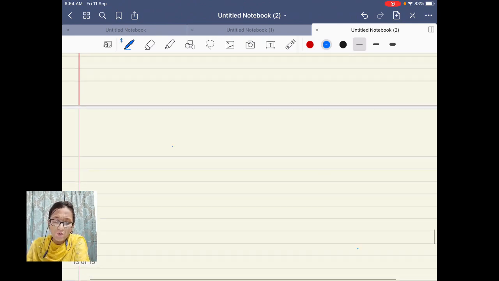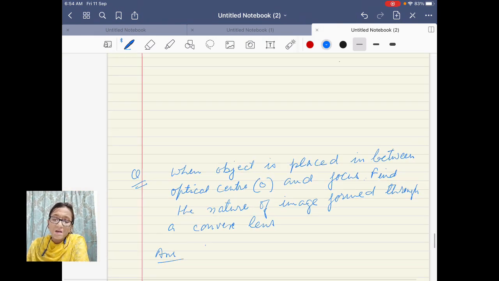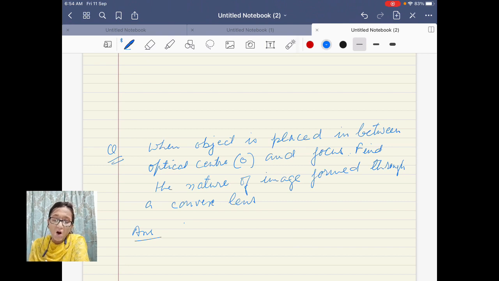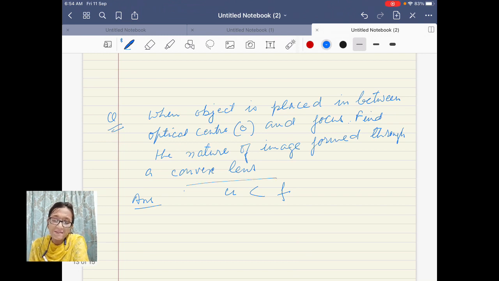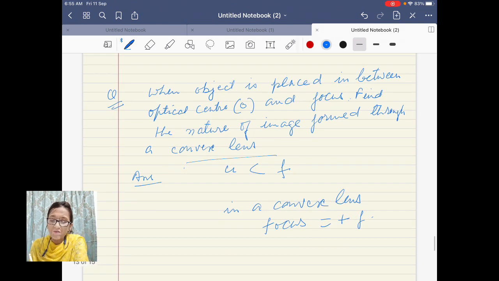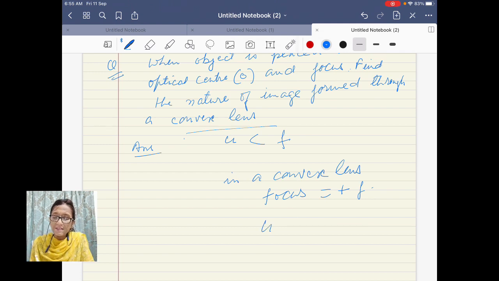Now from here you can do one numerical. When an object is placed in between optical center and focal length, the object distance u is smaller than f. And also in a convex lens, focus is positive, plus f, whereas u is smaller than f, and u is negative also.